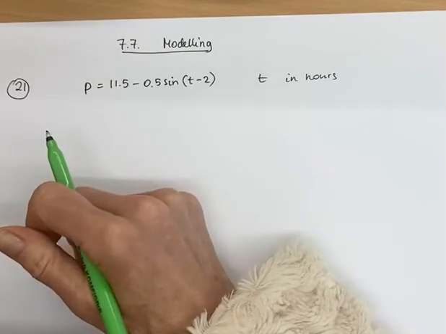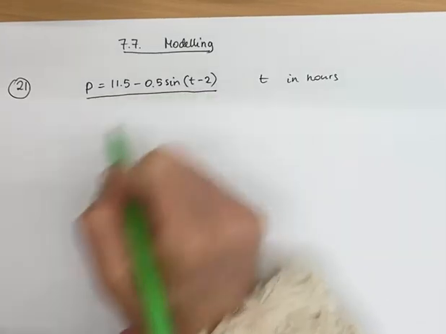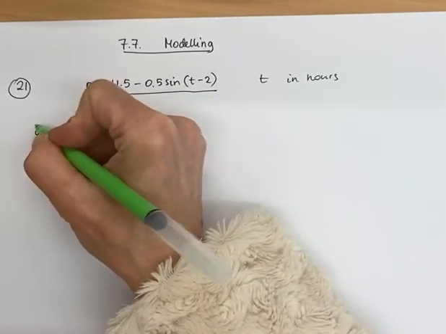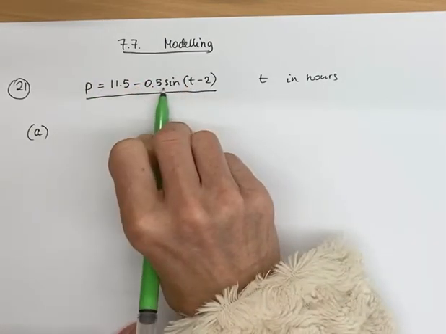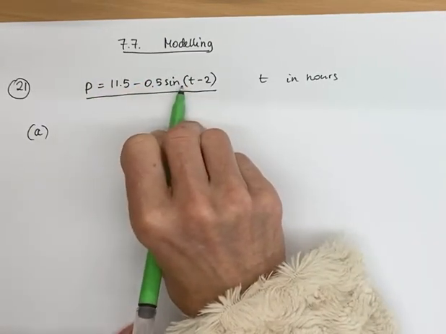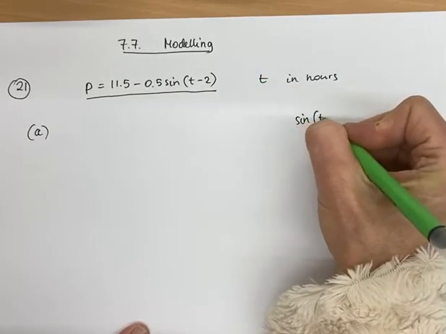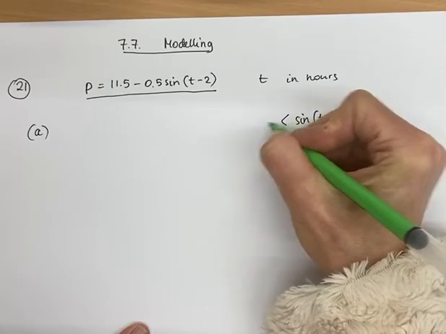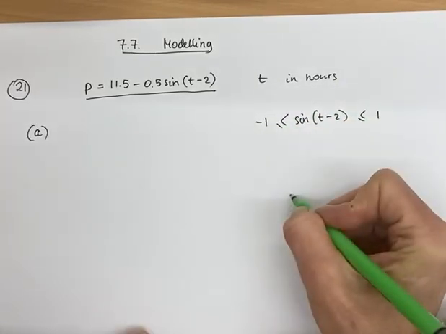State the maximum and the minimum cabin pressure. So you need to find the maximum and the minimum of P. This is like bounds. If you think about the sine function, sine at its lowest is -1 and at its highest is equal to 1.